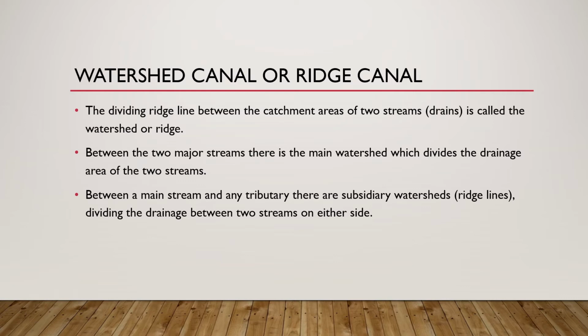In this slide we are going to see the first type, which is the watershed canal or ridge canal. You should know what a watershed is and its definition. A watershed is an area where water is generally stored or present for months due to rainfall, and from where the water flows to a nearby river, stream or reservoir.